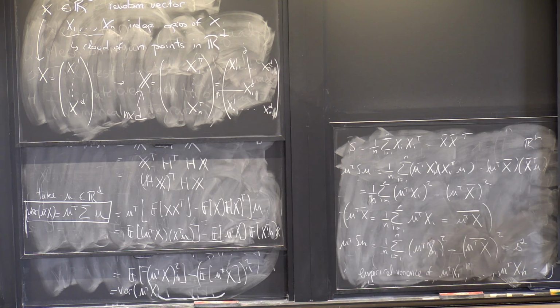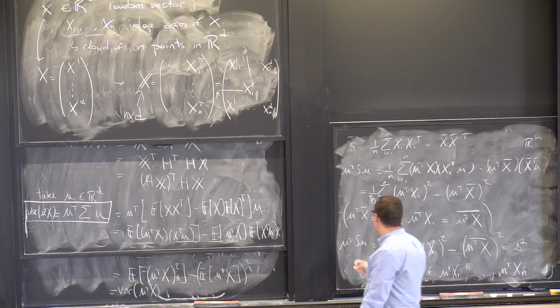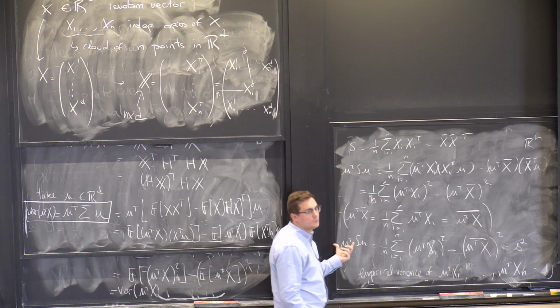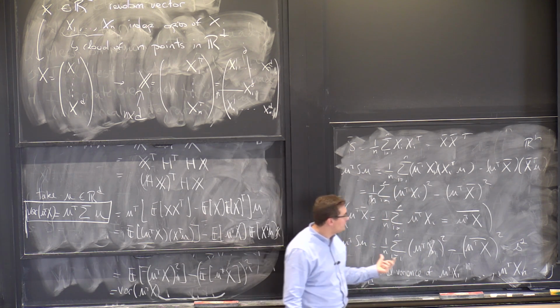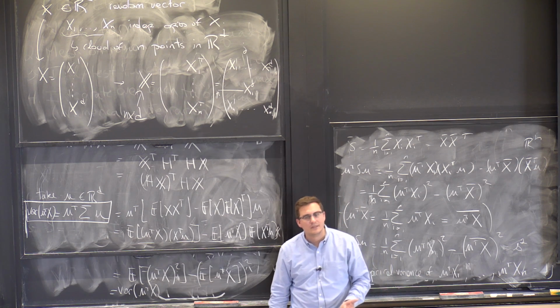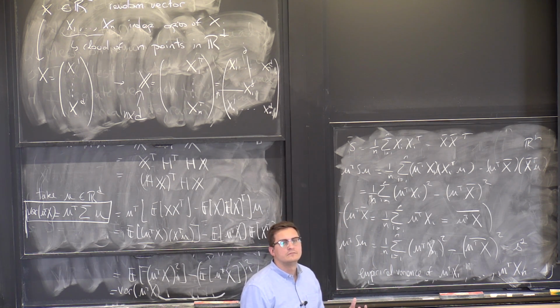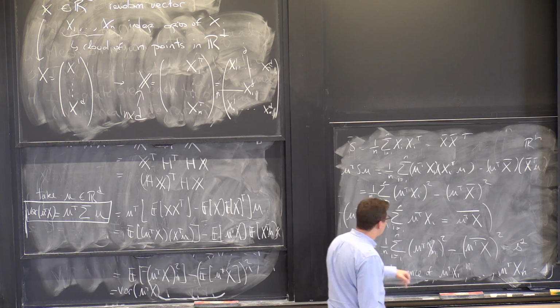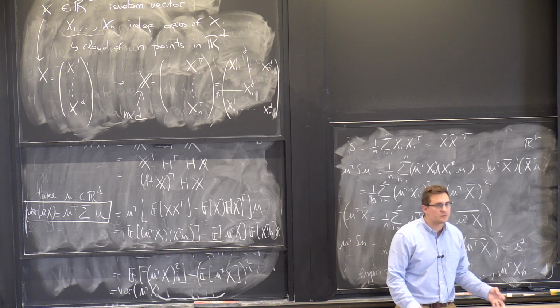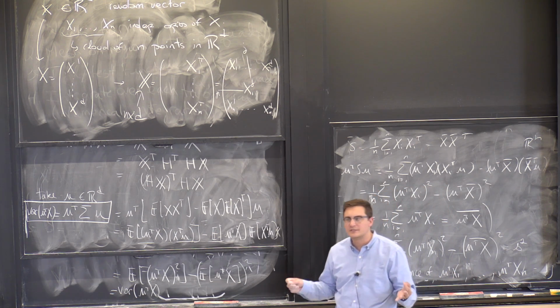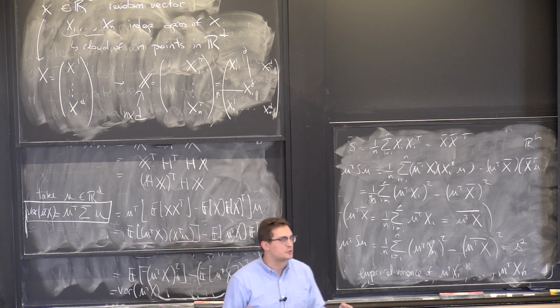So here's the first claim. If U transpose SU is equal to 0, what's happening? Well, I know that an empirical variance is equal to 0. What does it mean for an empirical variance to be equal to 0? So I give you a bunch of points. U transpose x1, U transpose x2, those are a bunch of numbers. What does it mean to have the empirical variance of those numbers being equal to 0?